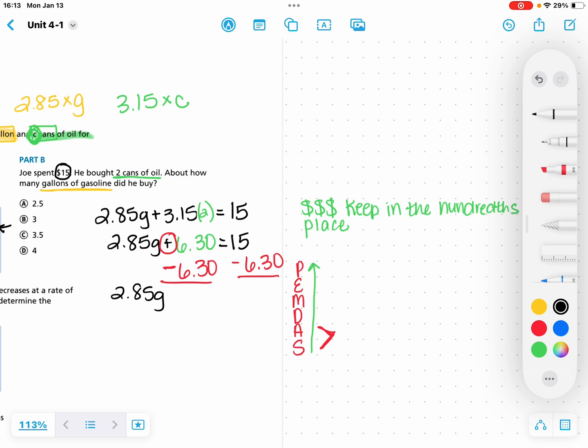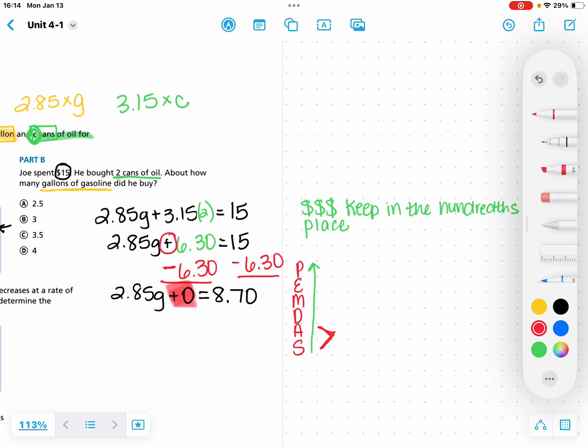6.30 minus 6.30, well, that's just 0. Equals 8.70, which once again, we're dealing with money, so I'm going to keep it in the hundredths place. I don't need to have this 0 here simply because anything plus 0 is just itself.